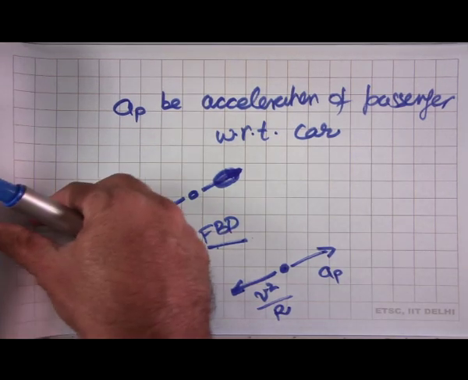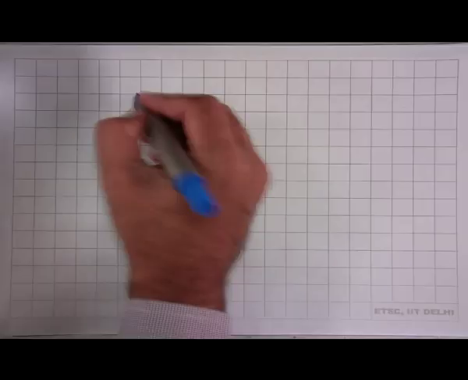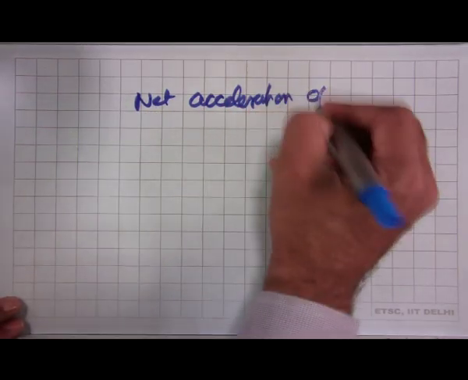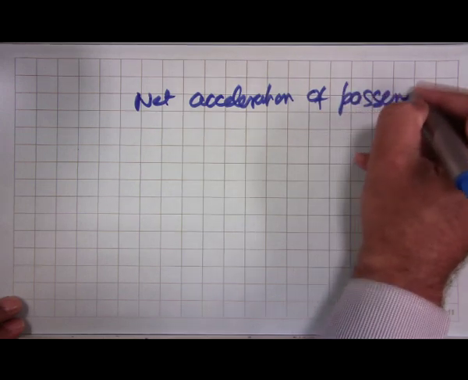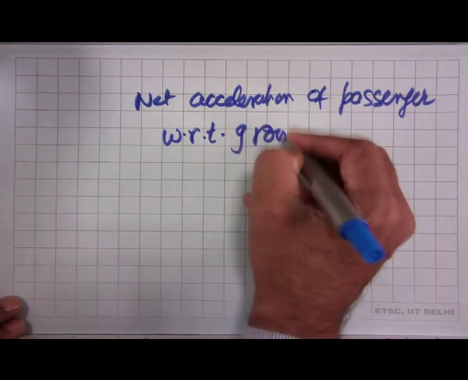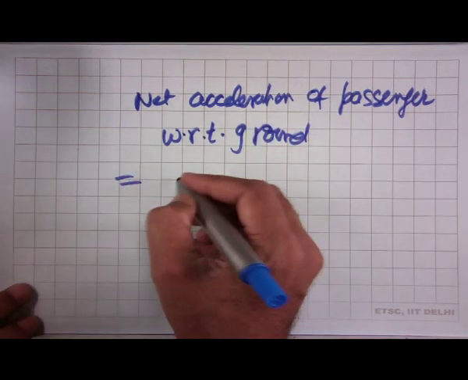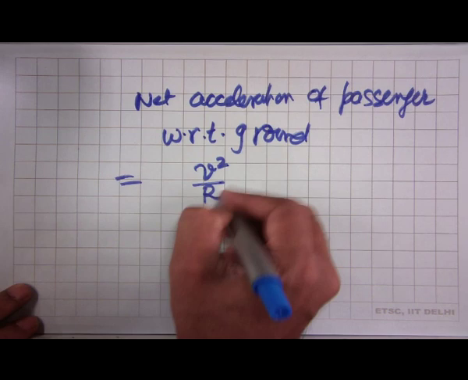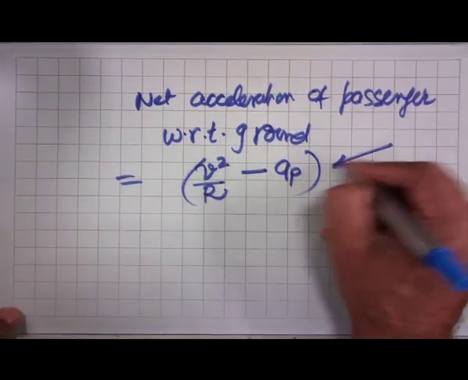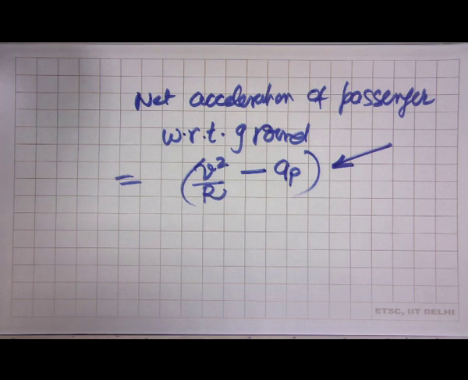So, the net acceleration of the passenger with respect to ground will become equal to v square upon r minus AP in the direction toward the center of the circle.